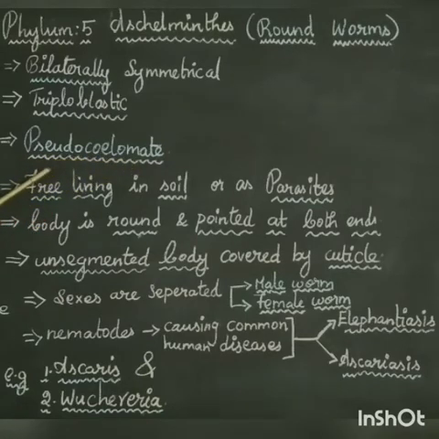Then these worms are free living in soil or as a parasite. Some of the worms live in the soil. Some of them act as a parasite, that is, it selects a host and lives in the body of the host organism. Then what about the body? The body is round and pointed at both ends.